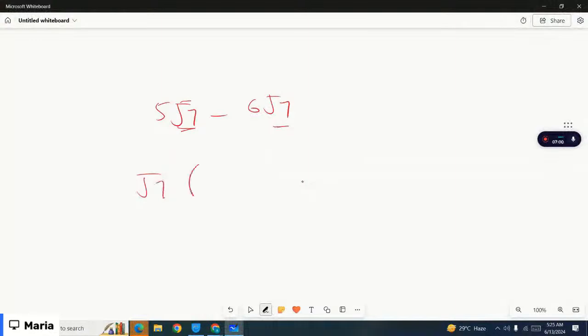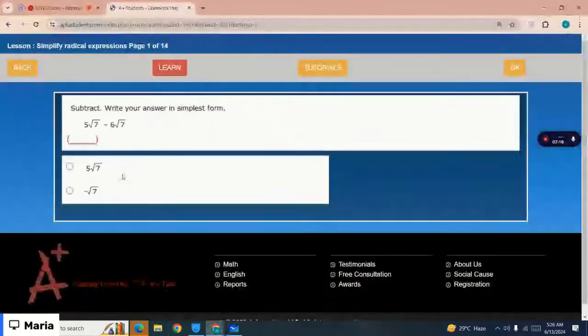You can take it common and do 5 minus 6. 5 minus 6 is negative 1. So that would be negative 1 square root 7 or negative square root 7. Got it? So you have to do exactly the same thing like you do with like terms. The correct option is negative square root 7. Option number 2 is the correct option.